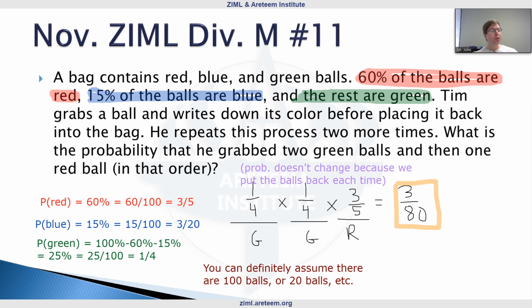If there actually were 100 balls, you could easily answer this question whether we put the ball back or not. But the percentage would change things if we were not putting the balls back. If you have like 1,000 balls, getting rid of one of the red balls or one of the blue balls doesn't really matter all that much. But if you have 20 balls, all of a sudden if a blue ball is gone or a green ball is gone, that changes the probability much, much more.